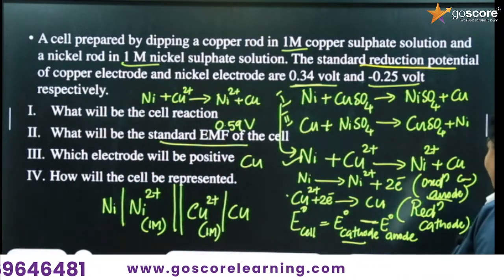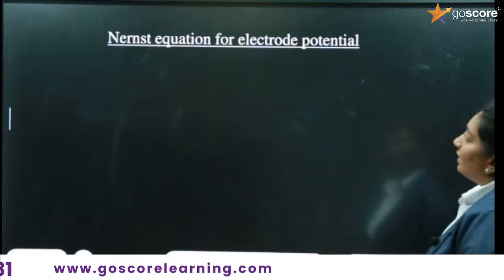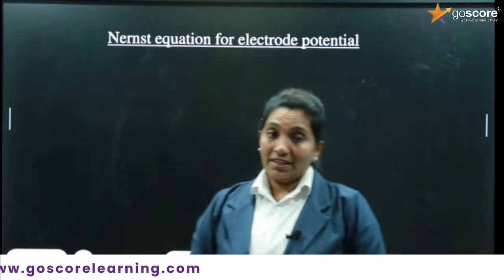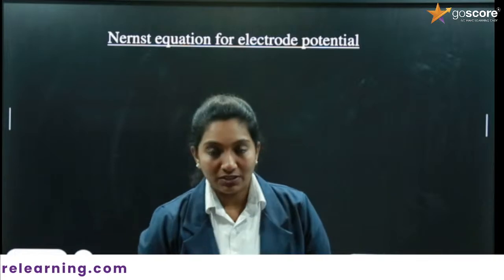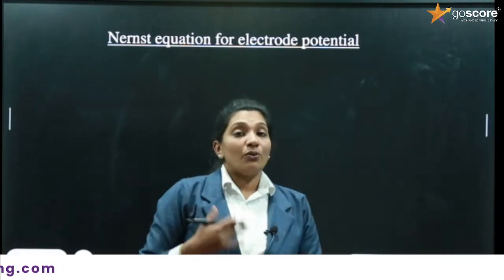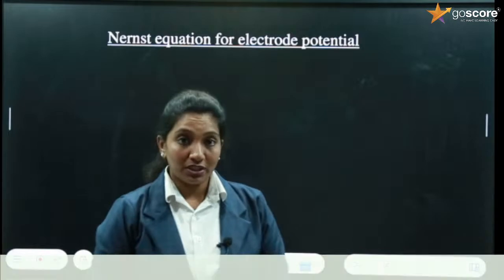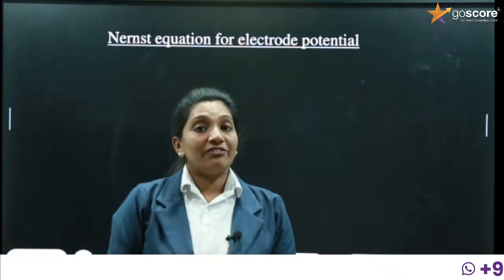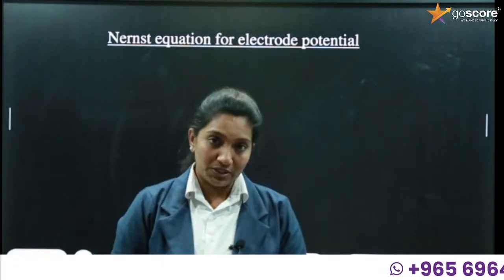Now let's see the next important thing, that is the Nernst equation for an electrode potential. So till now we have discussed how we find the electrode potential of a metal electrode if we keep it in a 1 molar solution, right?